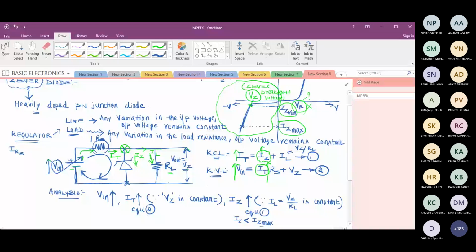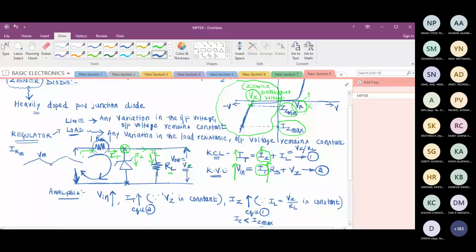Now, the V in variation, what I explained just now. Can I take out this? And apply this ripple voltage to this? So now the ripple voltage will fluctuate between Vm and some value Vx.